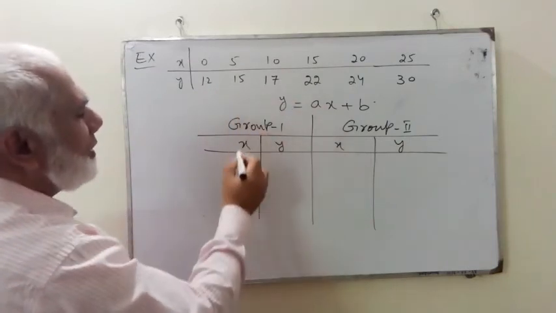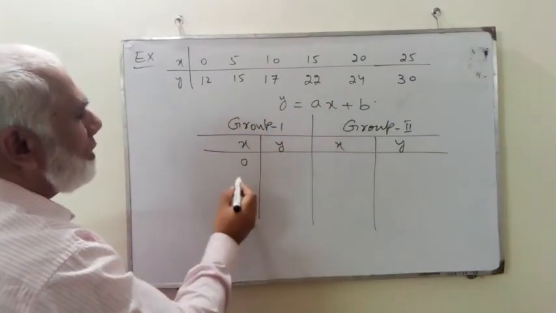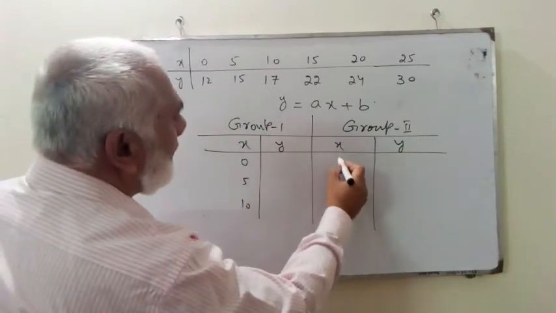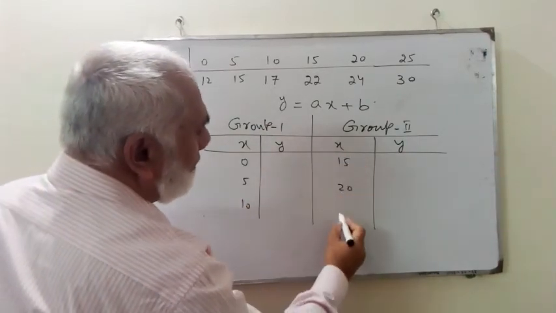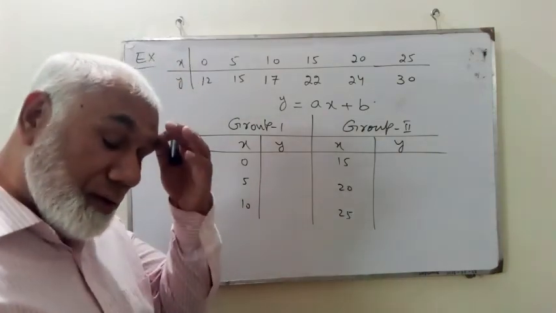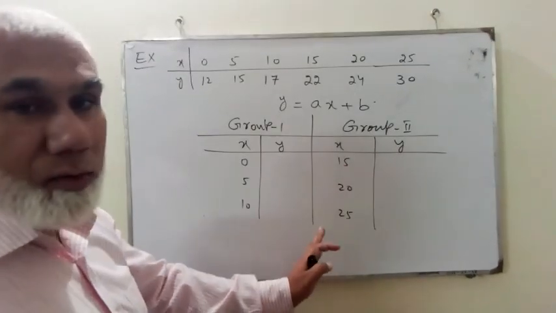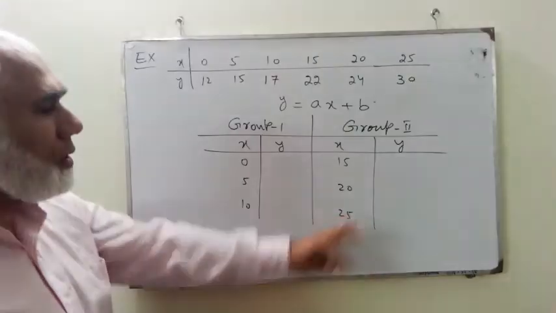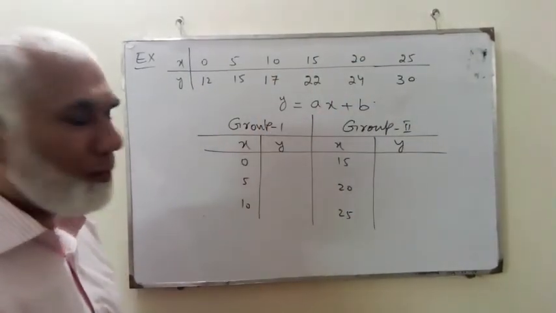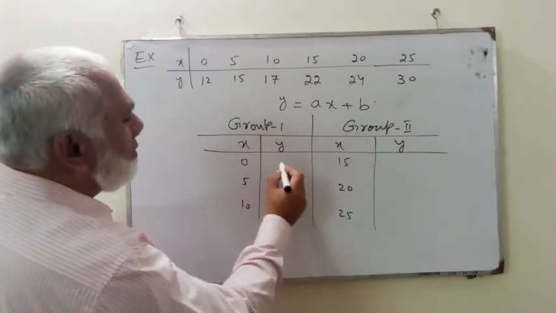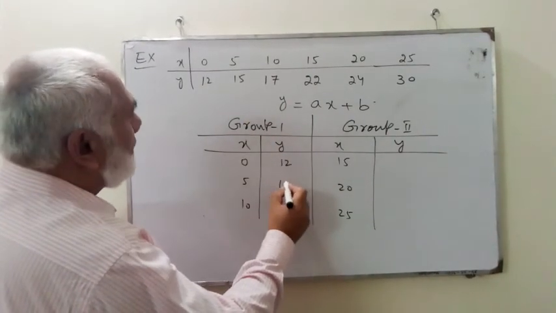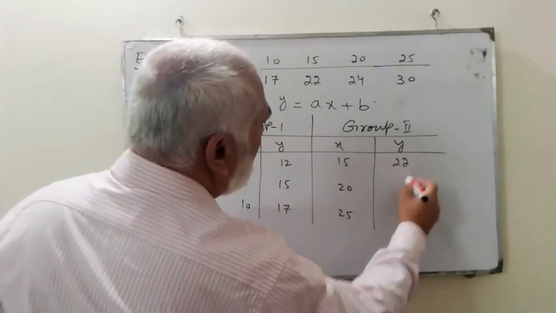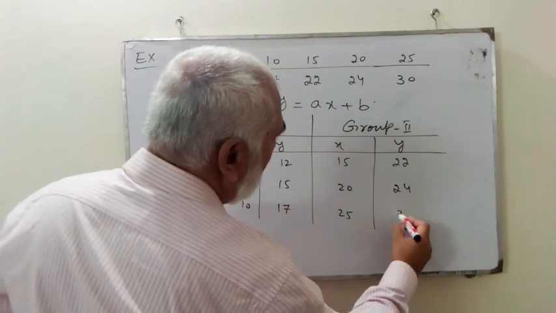The first 3 points I'm taking in group number 1: 0, 5, and 10, and then 15, 20, and 25 in group 2. And the corresponding values of y are 12, 15, and 17, and then 22, 24, and 30.